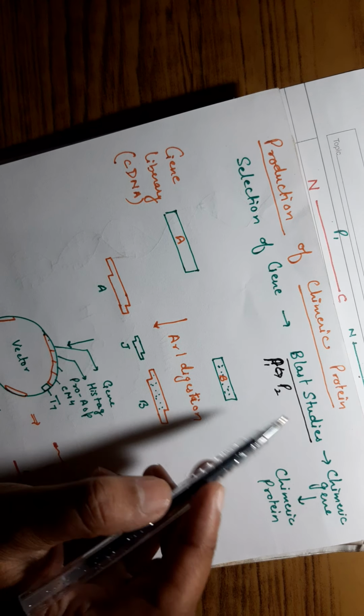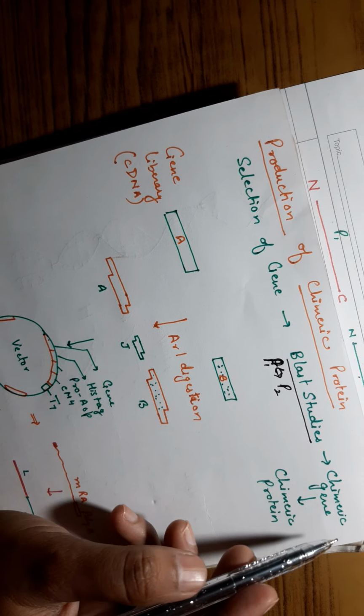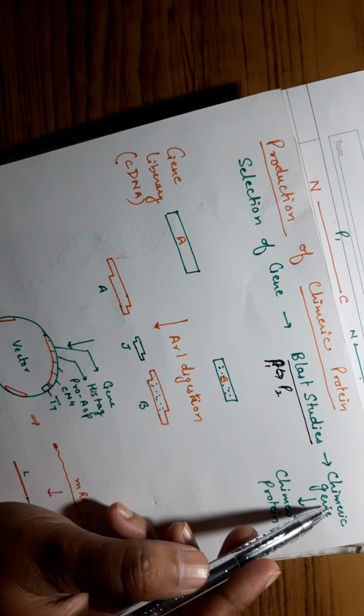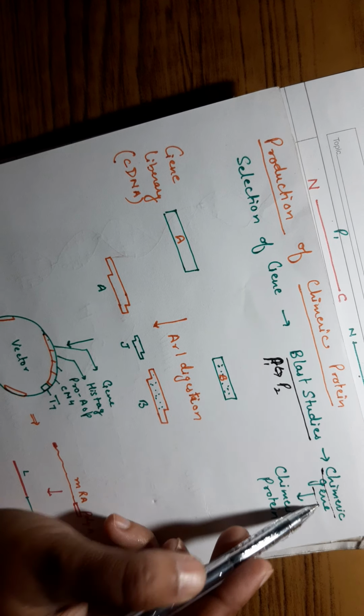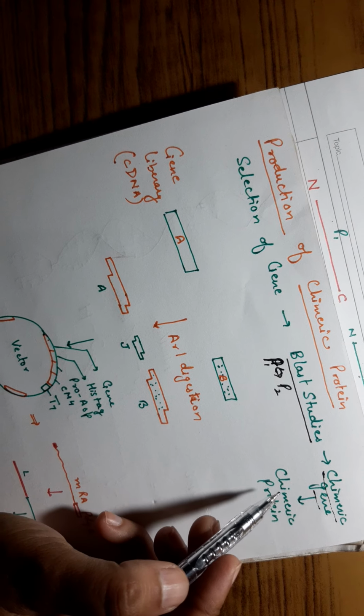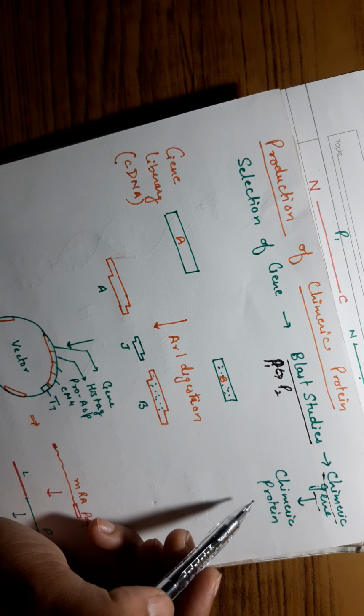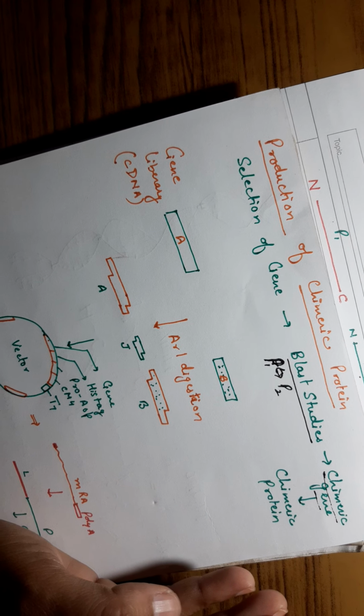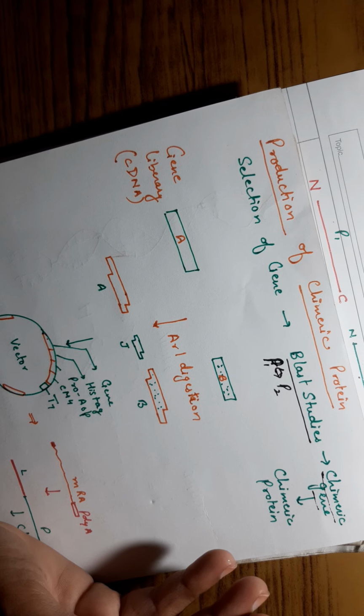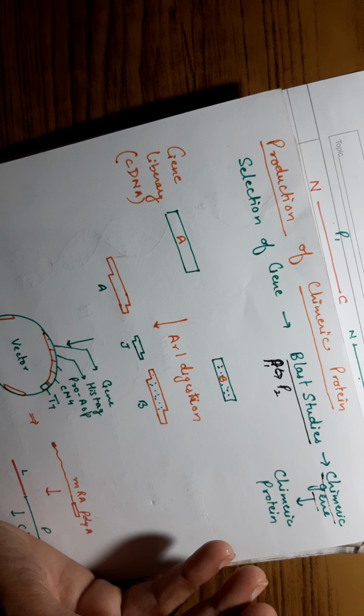From these studies, we identify the gene and we make the chimeric gene, and from this chimeric gene we produce chimeric protein. We have already studied in the previous class how we produce chimeric gene.